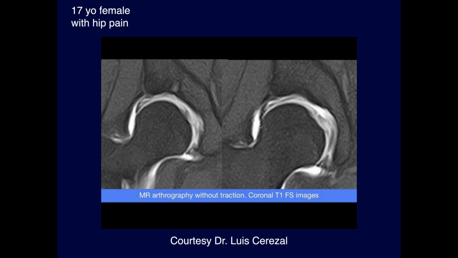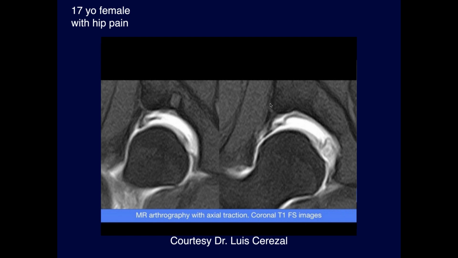Jennifer. All right, so we have a 17-year-old female with hip pain, and we have MR arthrography without traction. So we have increased signal at the chondrolabral junction of the superior labrum, and there's just detachment, and there are also some regions of high-grade chondral loss along the superior joint space.